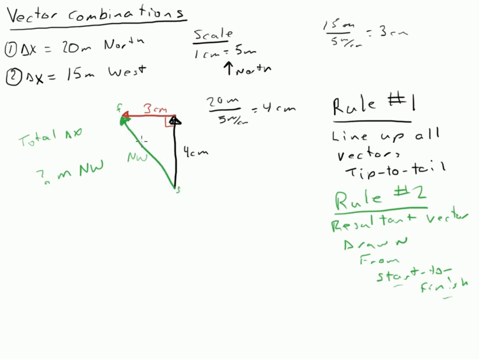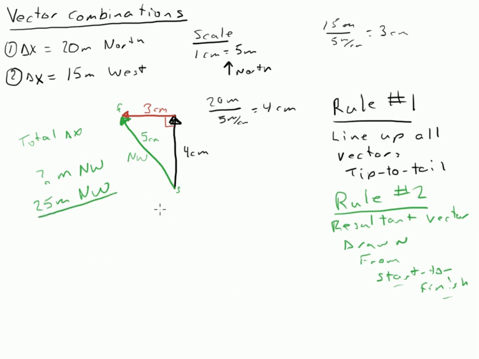And when you measure it, you should get 5 centimeters. And so on our scale, each centimeter is 5 meters, we simply get 25 meters northwest. So that's our total displacement.